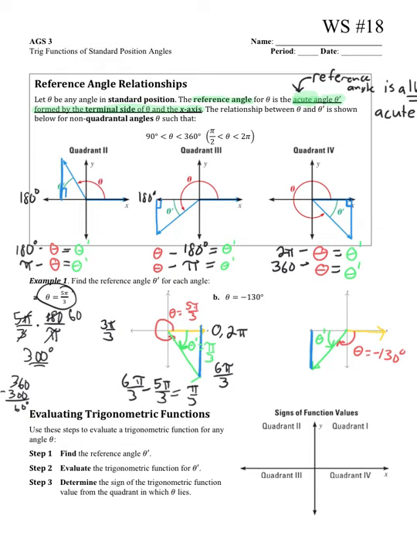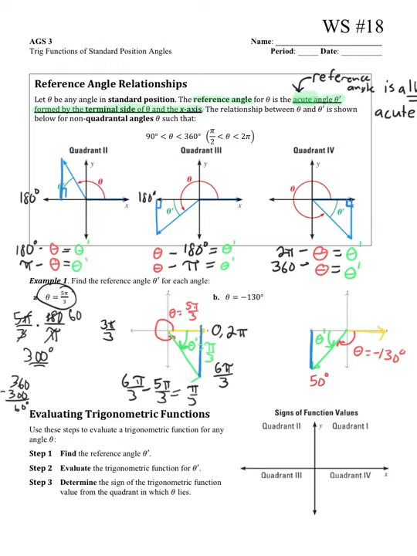So I'm going to say, oh, in this case, it's kind of weird because it's negative 130, so it's actually just something to keep in mind, because if I did negative 130 minus 180, I'm going to get a big angle. But I really want to think about how far away from 180 am I. That's probably the best way to think about this. This one's kind of a weird one because it's like backwards. But the way I think about it off the top of my head is I have 50 degrees more to go to get to 180.